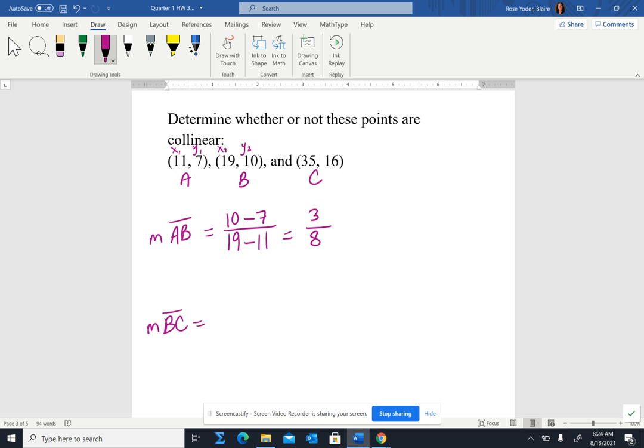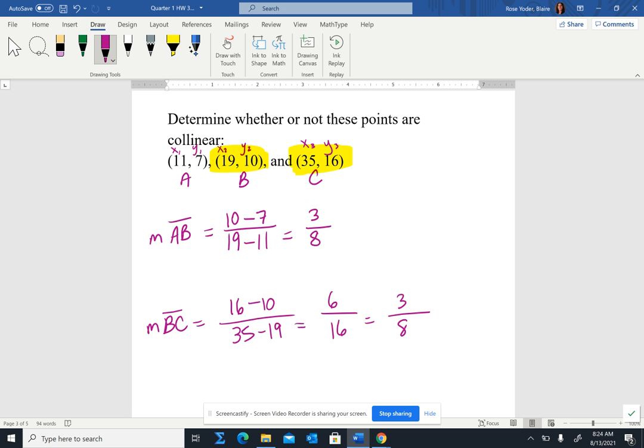All right, the slope of BC, now we're going to use these 2 points. And I guess this time we'll do like y3 minus y2. So let's go 16 minus 10 and 35 minus 19. That's 6 over 16. It's just like the last time where at first glance they don't look the same, but if I simplify 6/16, I'll get 3/8.